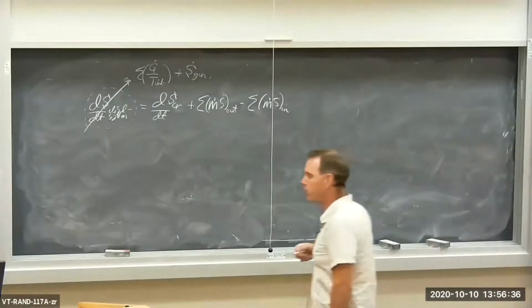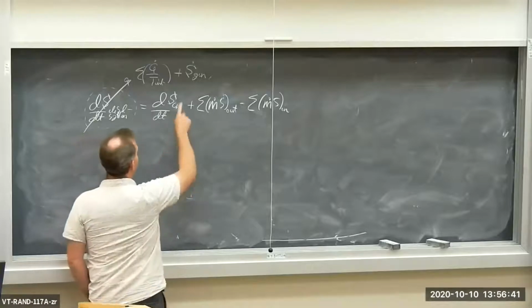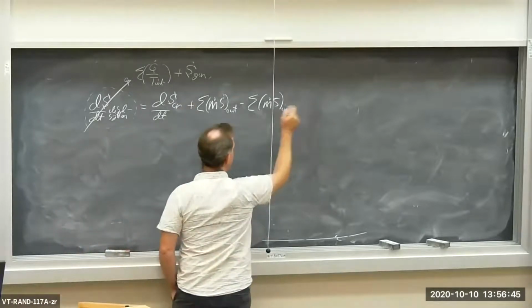Okay, I'm going to do a little bit of algebraic manipulation here. Not much, just a little. I'm going to take this S dot gen and put it over on the right-hand side of the equation.